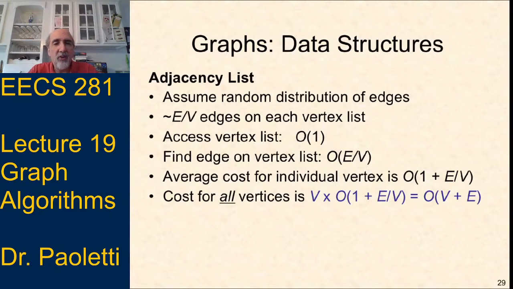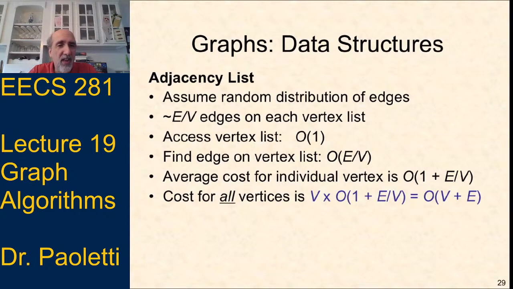Okay, so going back to graphs, when I have an adjacency list, I have an assumption, kind of like the assumption we made for hash tables, that we're going to get a random distribution. It's not going to be that one vertex has all the connections and nobody else has any.